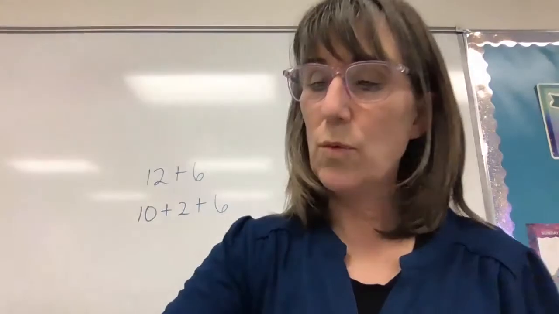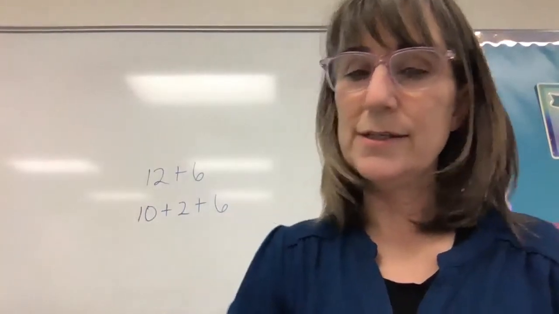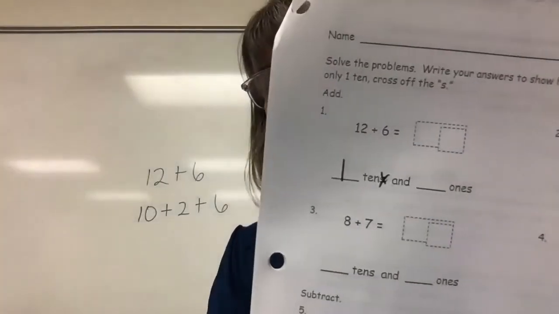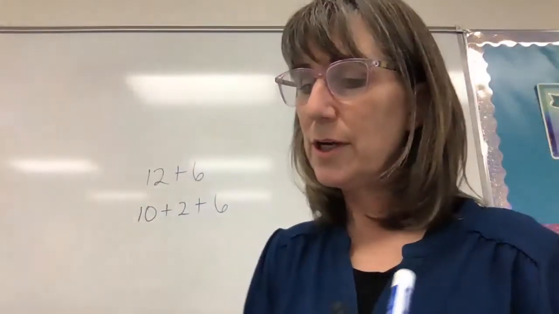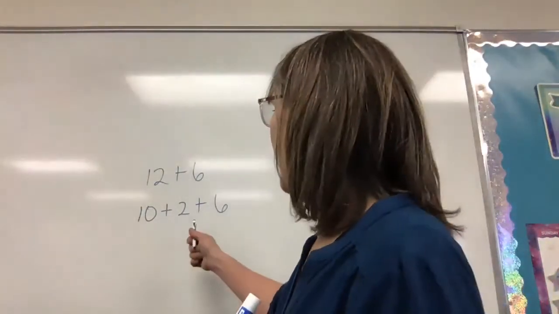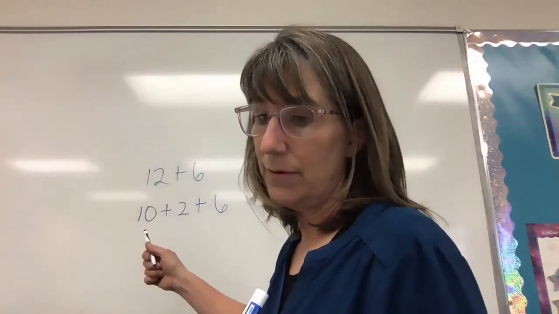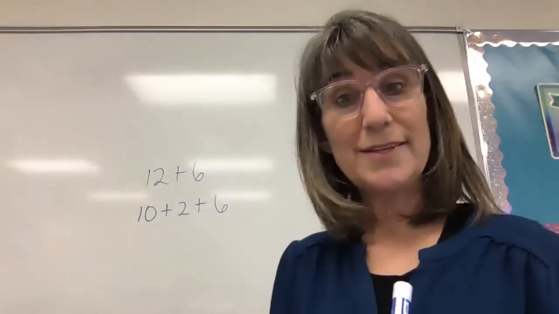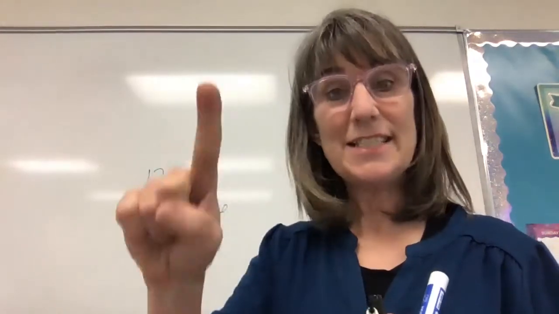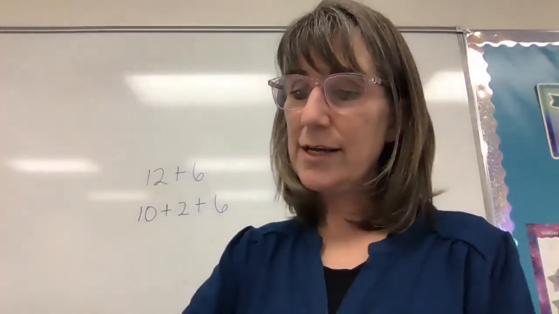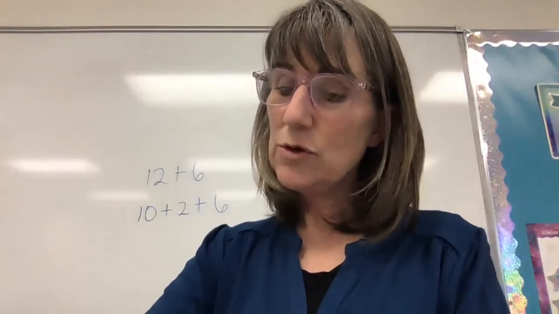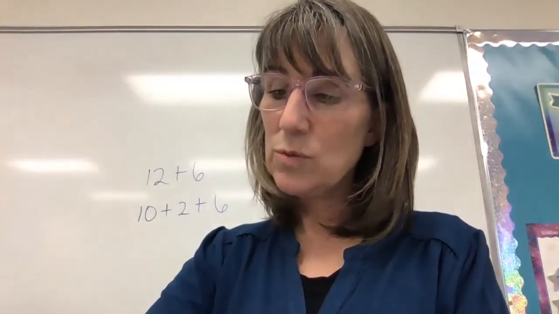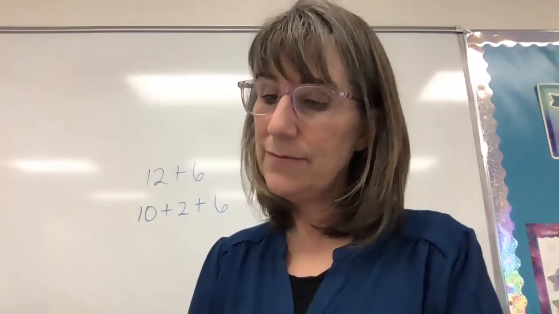So we're going to write 1 ten and we're going to cross off the S. And how many 1s are going to be left? Well, we have 2 plus 6, which is what? 6, 7, 8. So our answer is 8. So 12 plus 6 is the same as 1 ten, 8 ones.